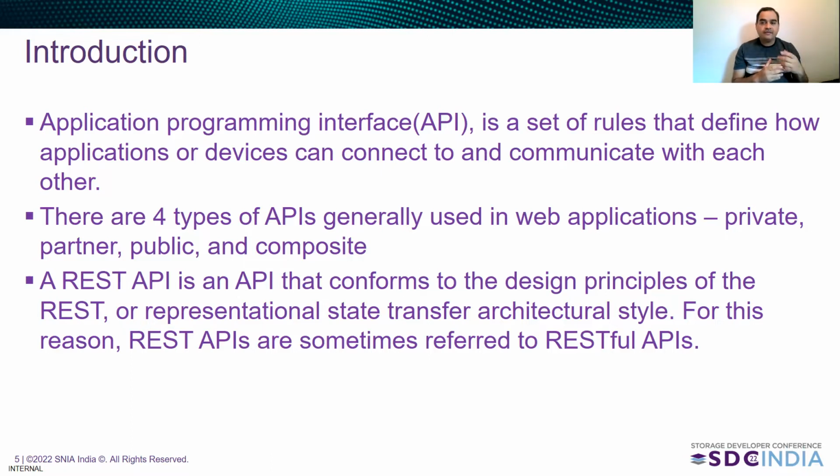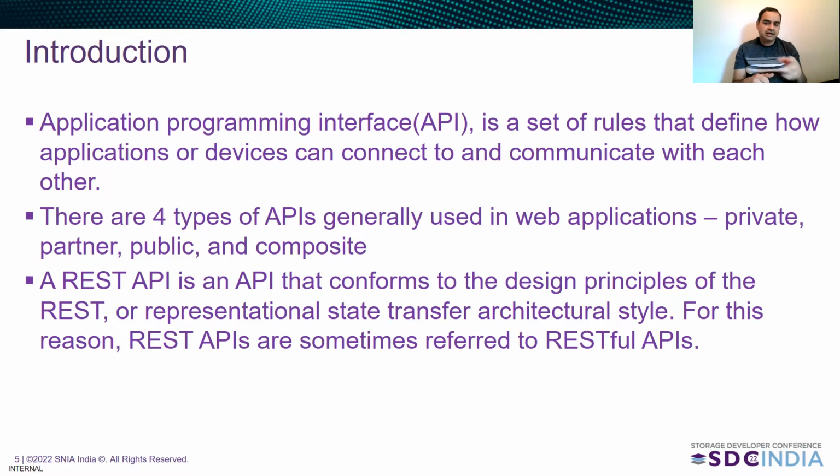Today you have your mobile phones talking to the backend, and you have servers talking to the backend. APIs have become the de facto way to set up this kind of communication. We'll get into more details of where APIs are used in subsequent slides.